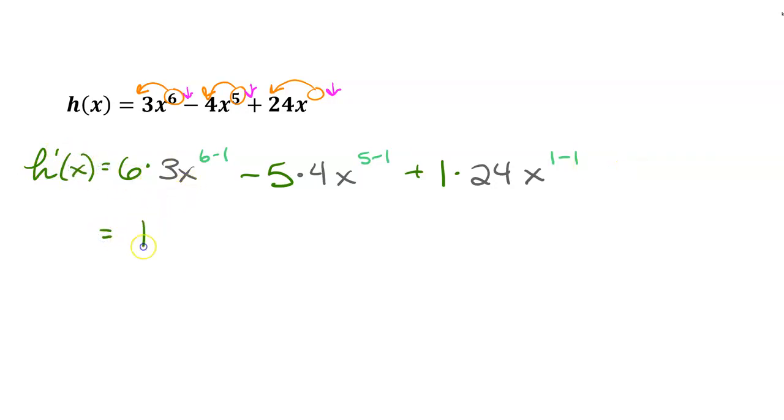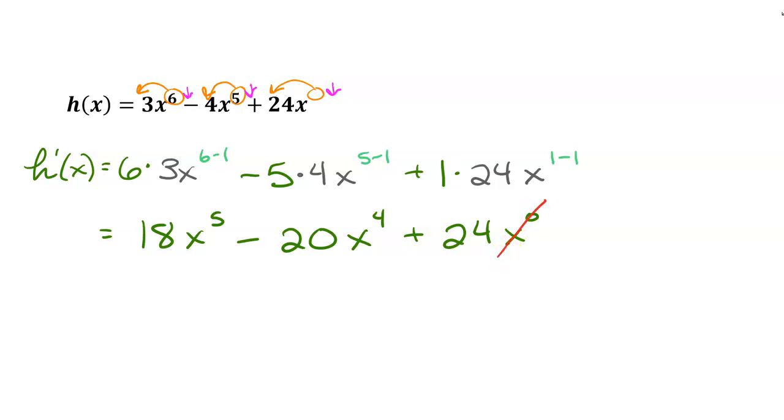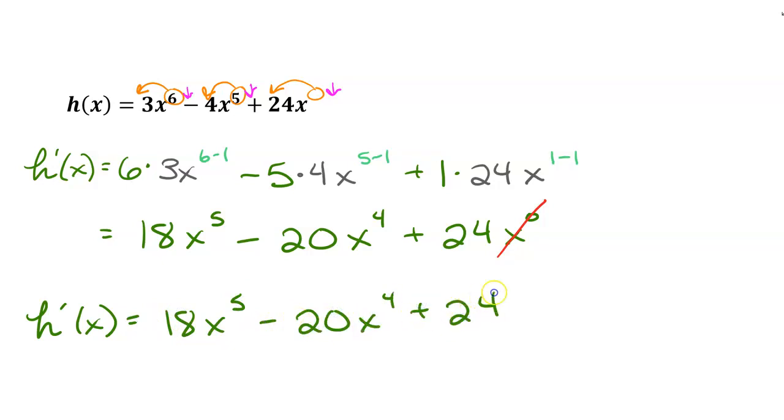So 6 times 3 is 18, x to the 5th, minus 20, x to the 4th, plus 24, x to the 0. Anytime we have a 0 power, turns into 1. So the first derivative of h is just like this. And there we are.